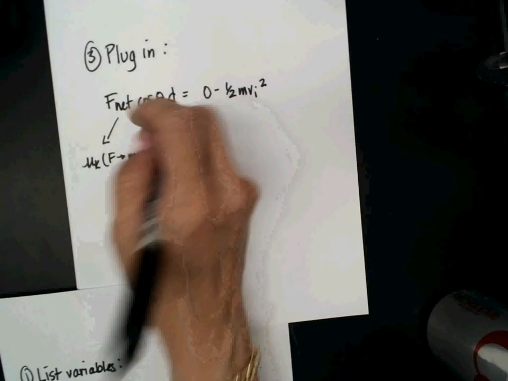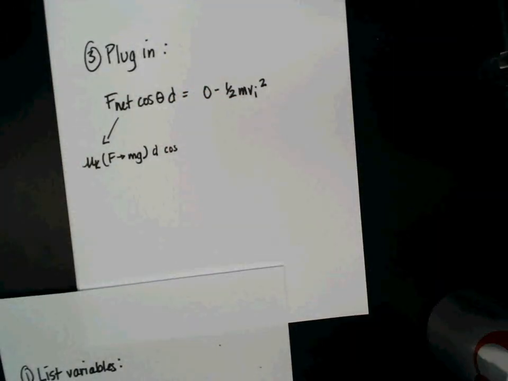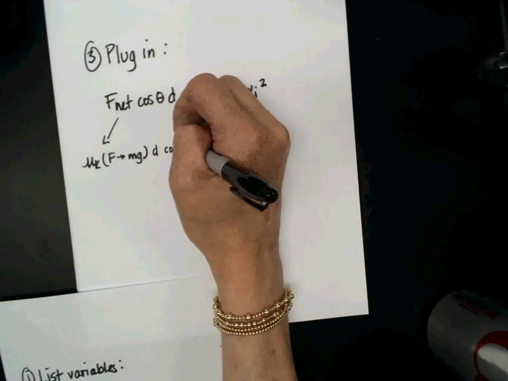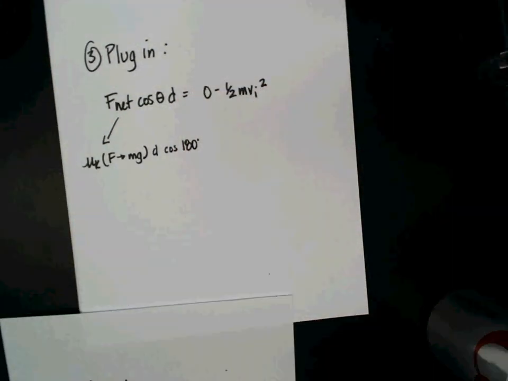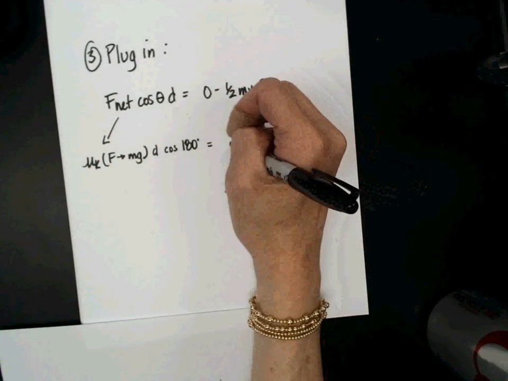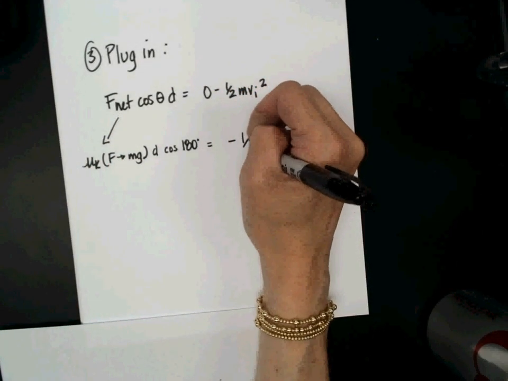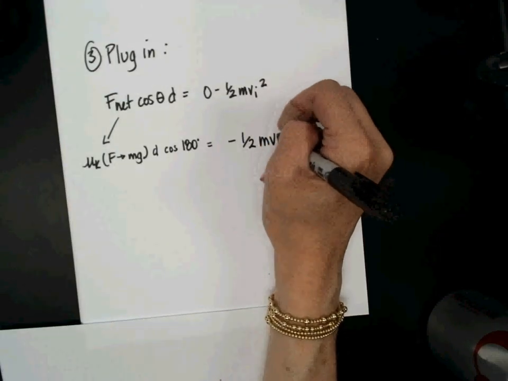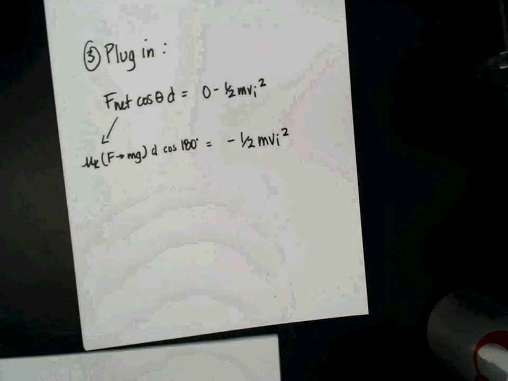What is my angle going to be here? If I'm moving this way, my friction is going this way, right? So my angle is always, when I'm dealing with friction, 180 degrees. So I have then equal to, I'm just going to say negative 1/2 MVI squared. Does that make sense?